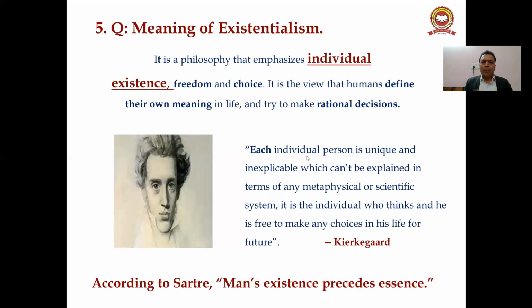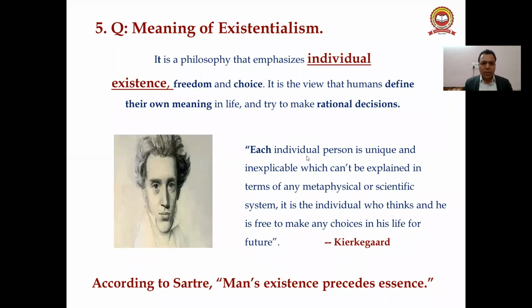Fifth question, meaning of existentialism. It came in last year's paper. What is existentialism? Existentialism is a philosophy which emphasizes individual existence. This philosophy gives more and more emphasis on man's existence. It was a reaction against naturalism and idealism philosophy. You have to remember.